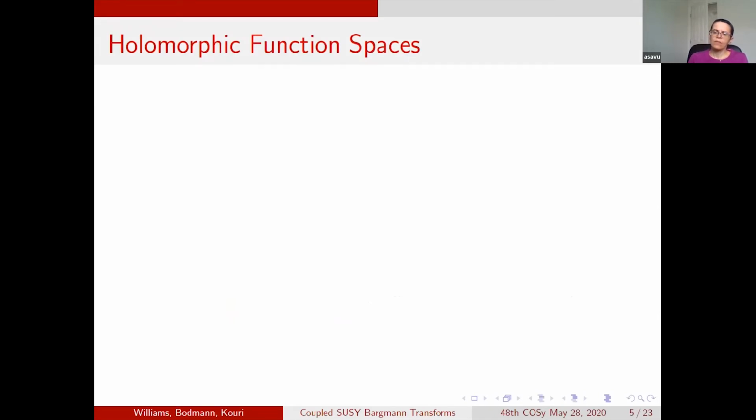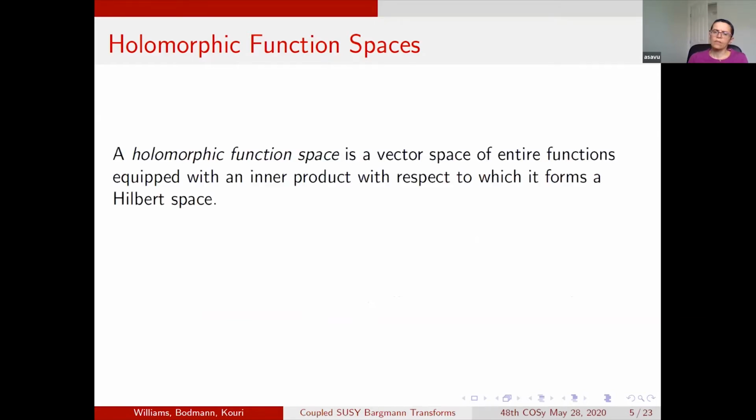There's another that's partially suggested by the L2 of R representation. So before I get there, I need to define what a holomorphic function space is, since it'll be very important for what's to come. It's a vector space of holomorphic functions equipped with an inner product.